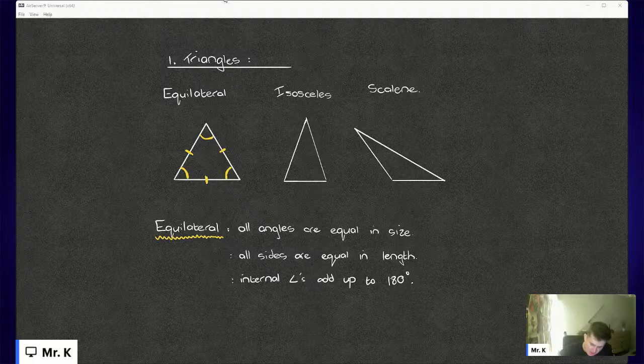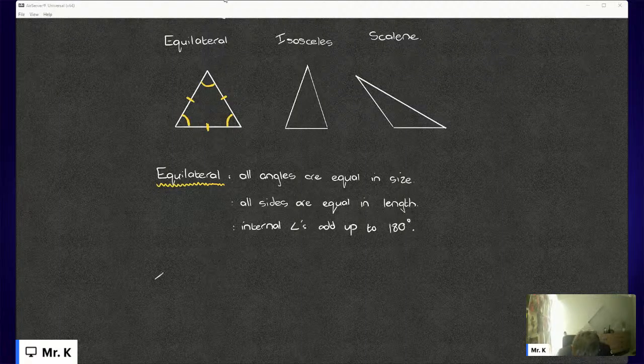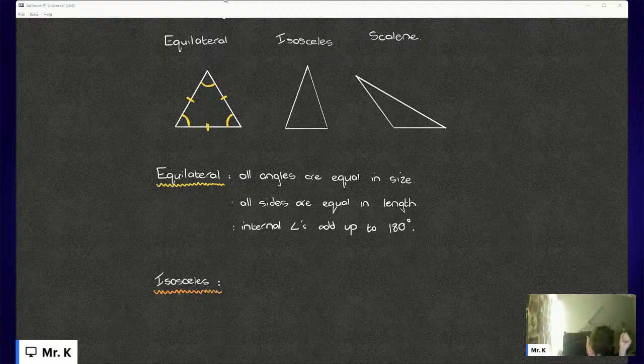Second, we have isosceles triangles. Isosceles triangles. What are the features of these triangles, guys? These are the ones that probably pop up in geometry the most.